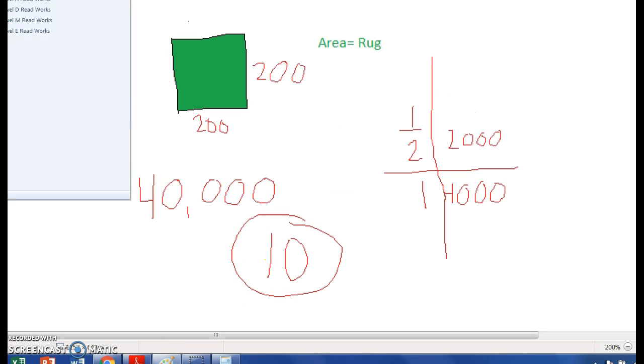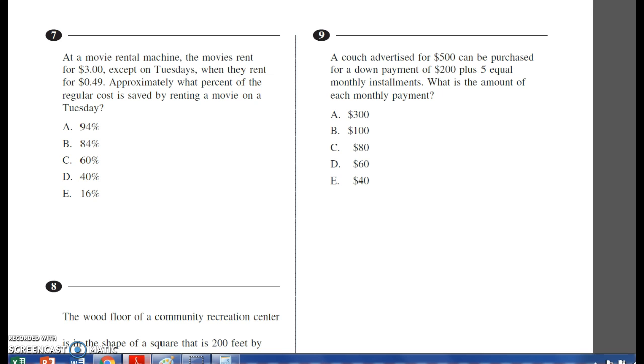So what we're going to do is, the couch is going to cost us $500. We are going to put $200 down. So we're going to pay $200 right off the bat for this thing, okay?